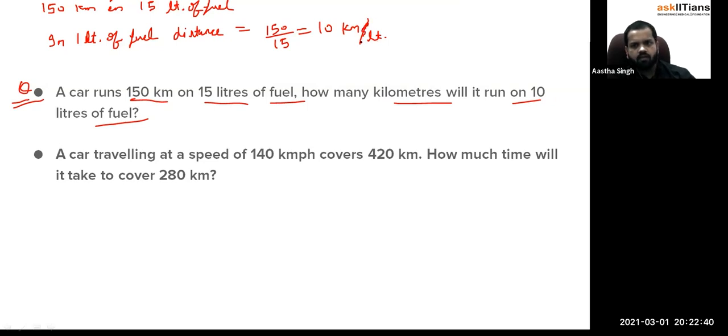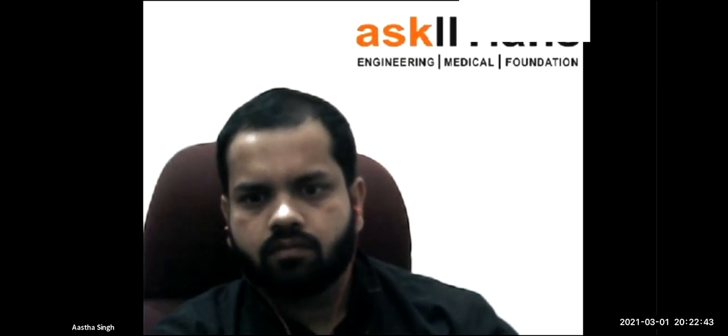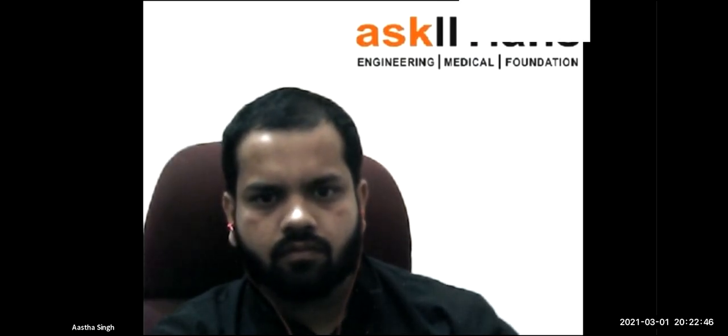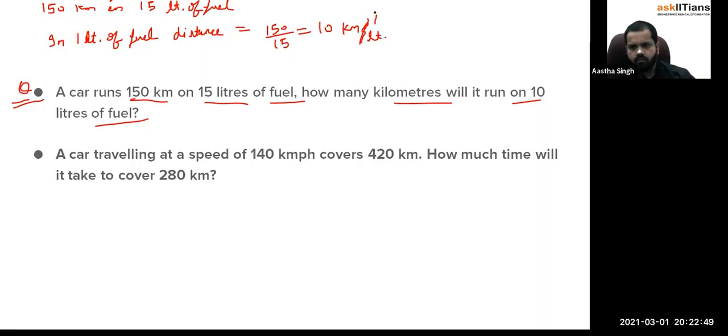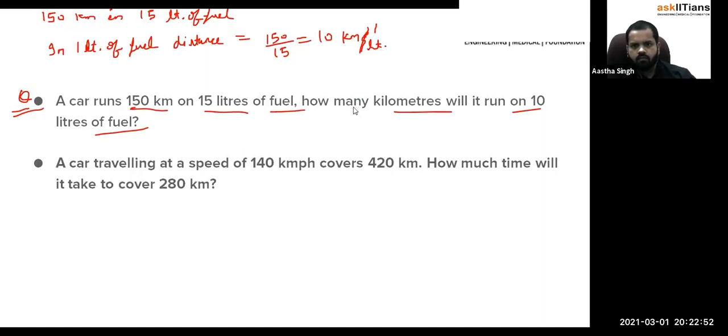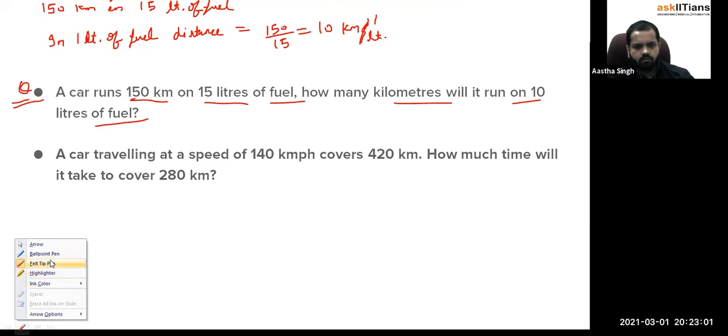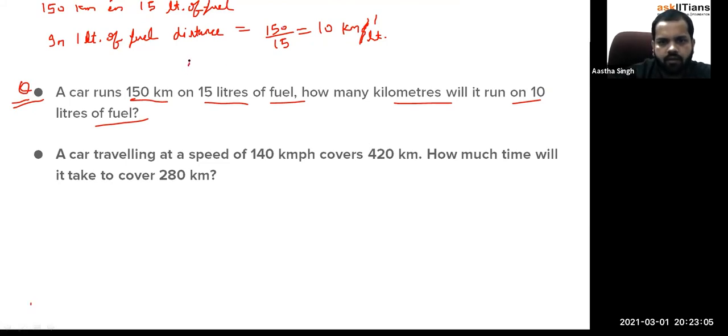Then in 10 liters, the distance will be 10 kilometers per liter multiplied by 10 liters, that is 100 kilometers.